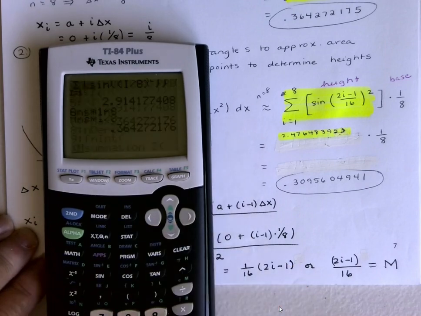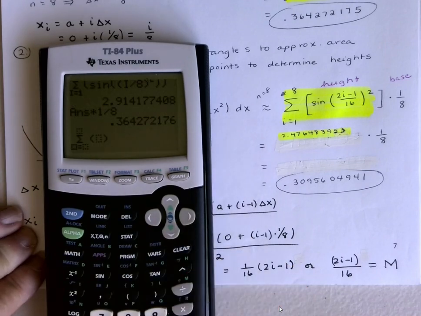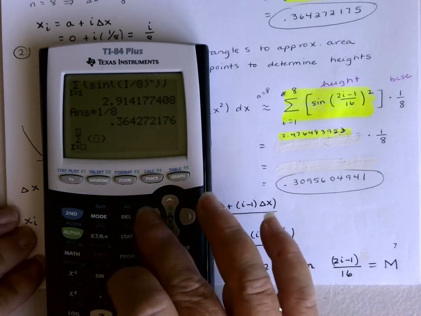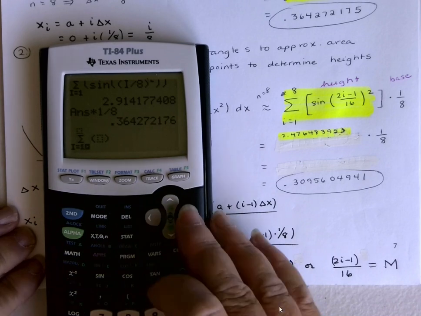So summation. And again, the alpha is already activated, so I'm going to say I goes from 1 to 8.